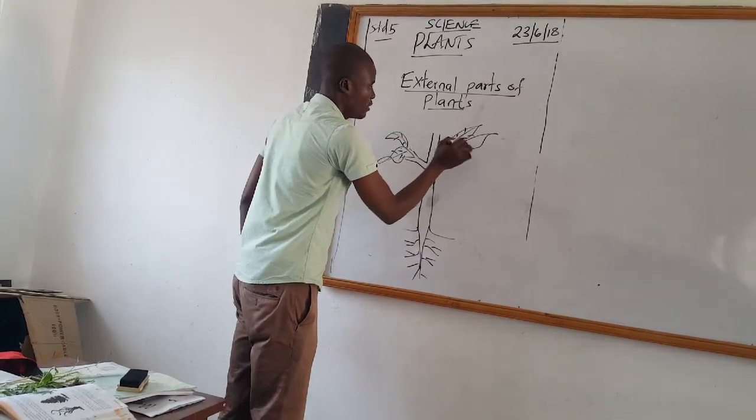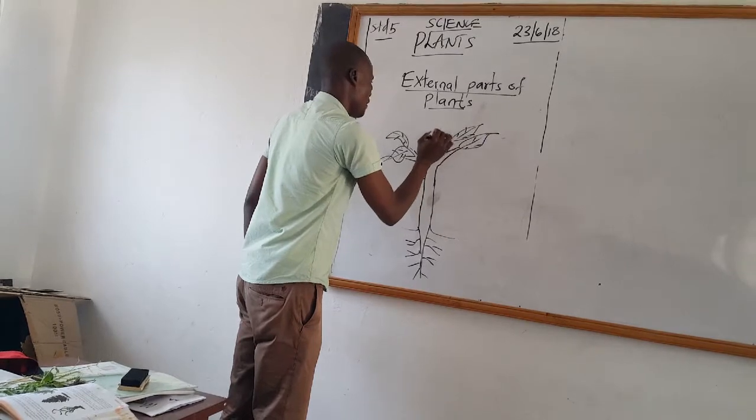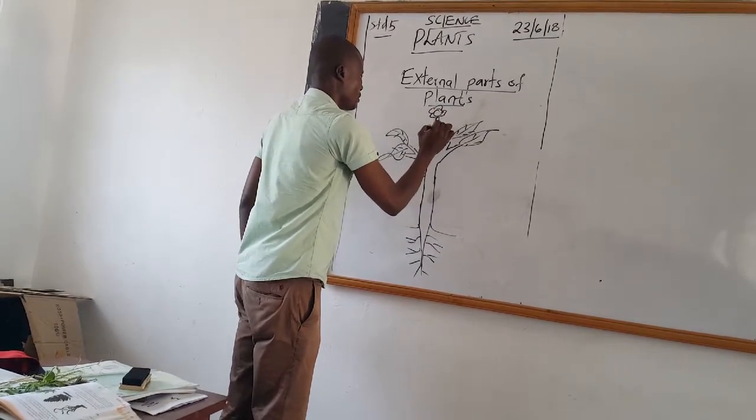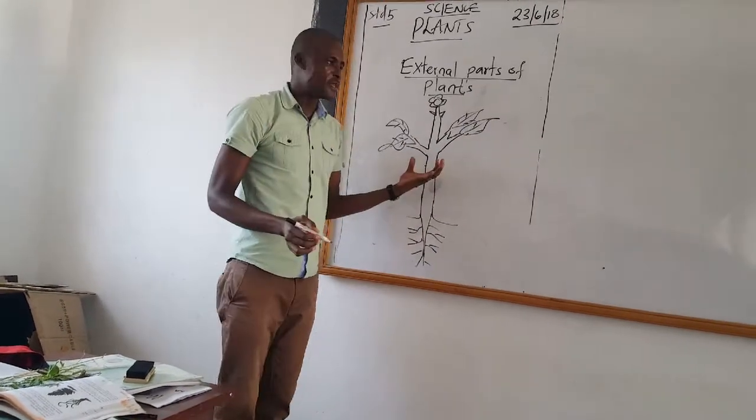Lana, can you see I'm drawing the leaves, and then maybe here I can have a flower. So now this is a simple plant.